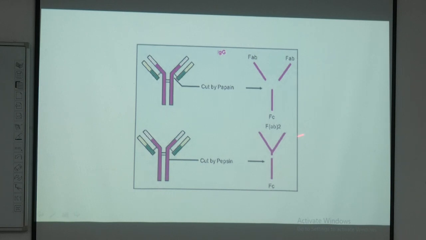Because this fragment has 2 antigen binding sites, but this part has only 1. So which will be stronger? Where there are 2 parts. So this part attaches more tightly to the antigen.